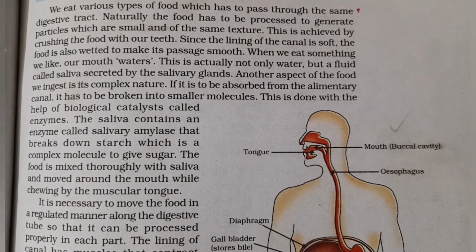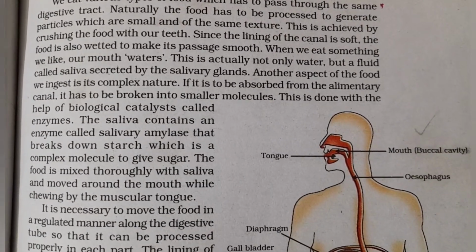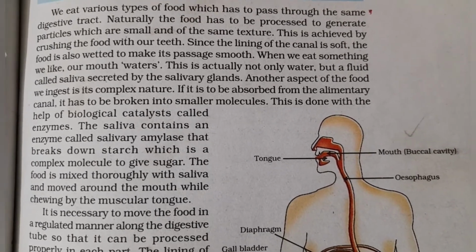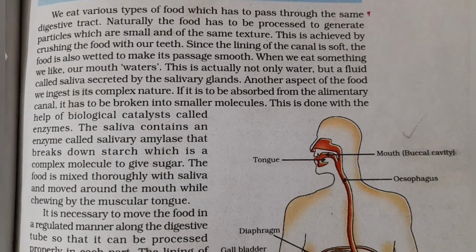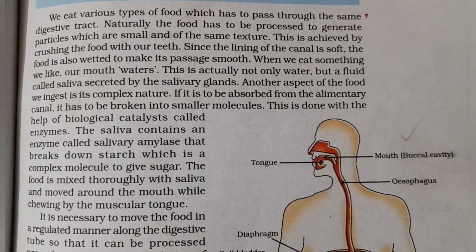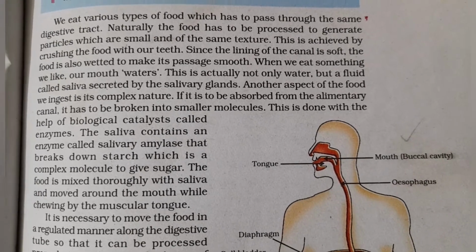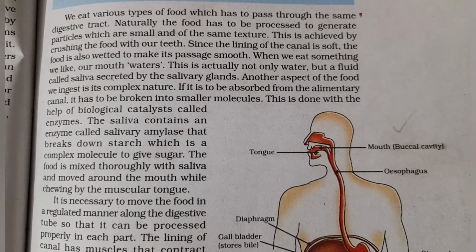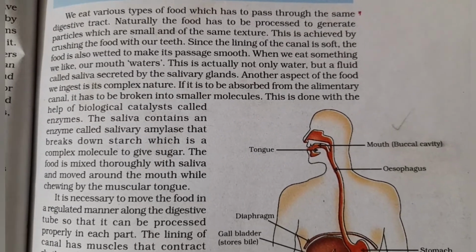When we eat something, our mouth waters. This is actually not only water but a fluid called saliva secreted by the salivary gland. Another aspect of the food we ingest is its complex nature. If it is to be absorbed from the alimentary canal, it has to be broken into smaller molecules.